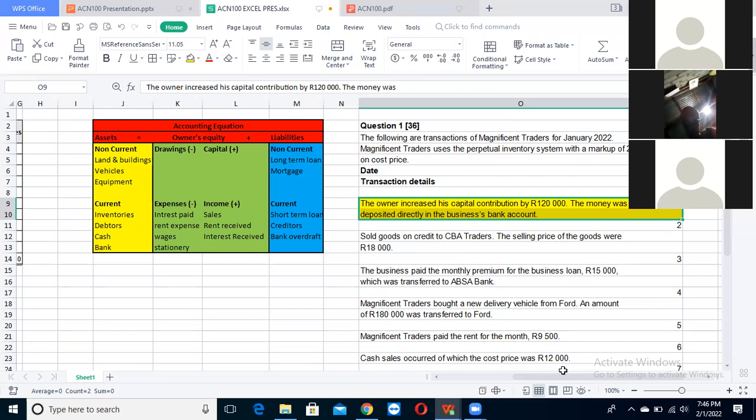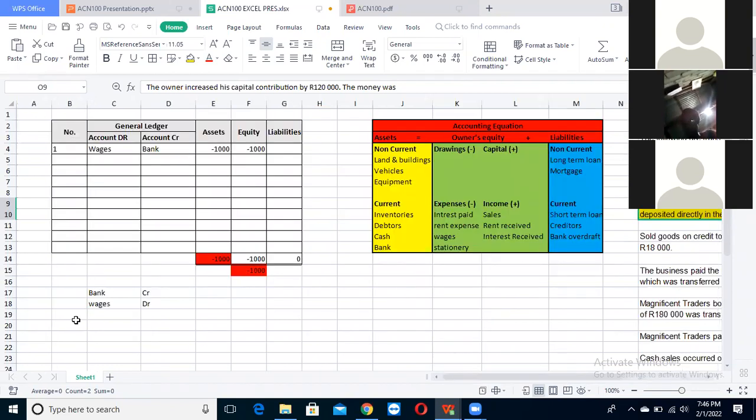So it's easier if we start by looking at where the money is coming from. The owner increased his capital contribution by 120,000 rand. So the money is coming from where? From capital. So capital becomes one account that we have.